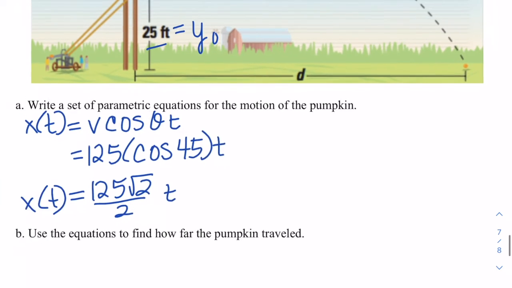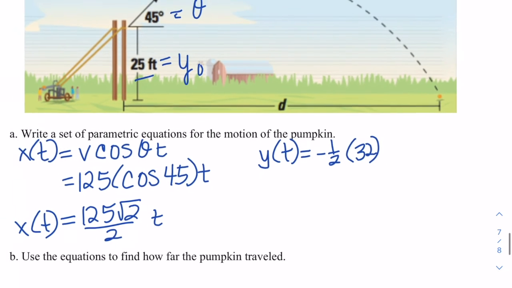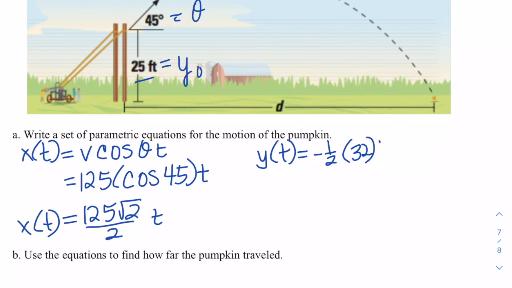For the vertical motion, we know that's going to equal negative 1/2 times the constant for gravity in feet, 32 feet per second squared, times t squared, plus the velocity times sine of theta t, plus the initial height.